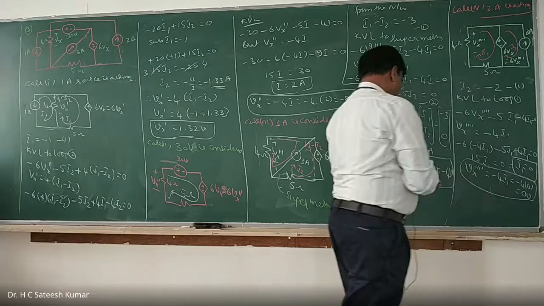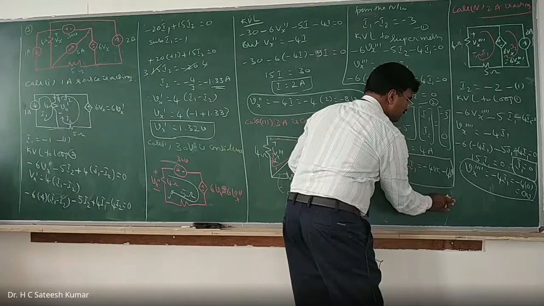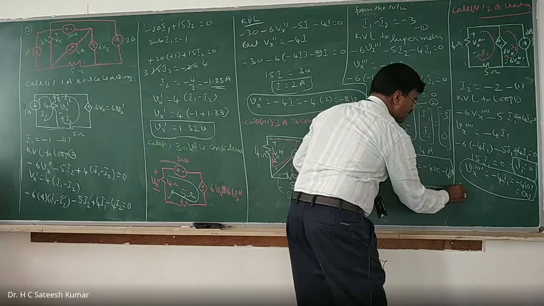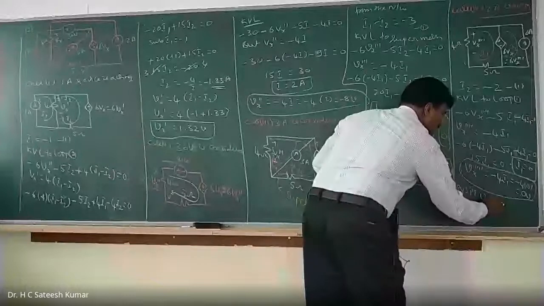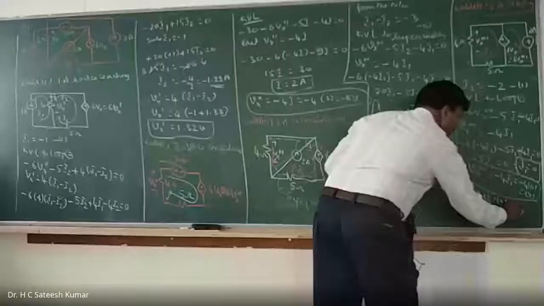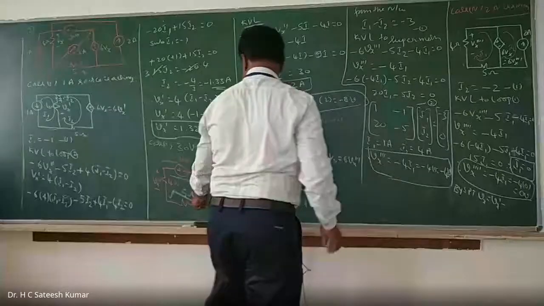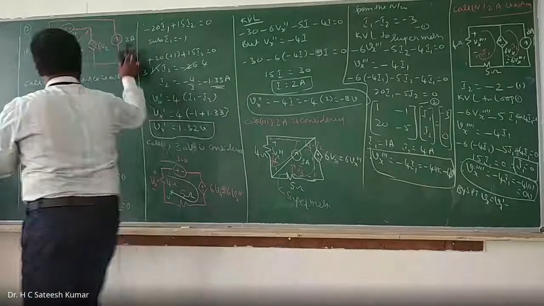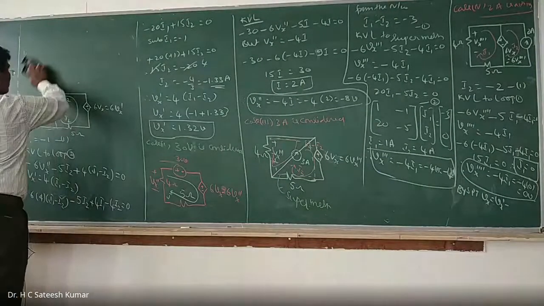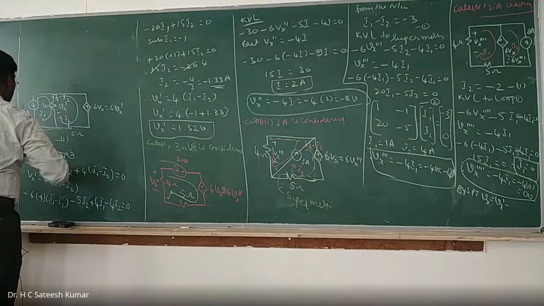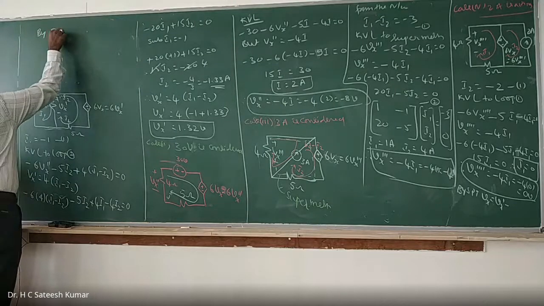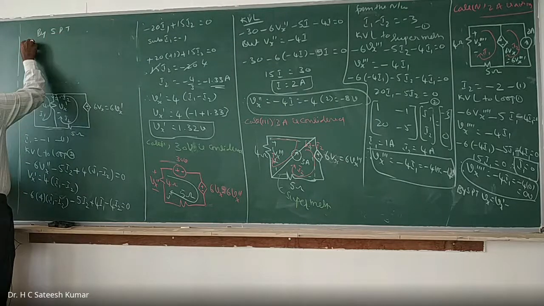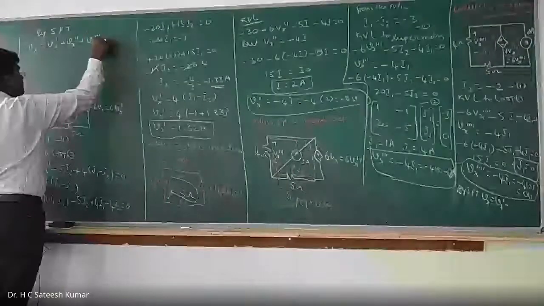Now, by the superposition theorem, Vx is equal to Vx dash plus Vx double dash plus Vx triple dash plus Vx 4 dash.